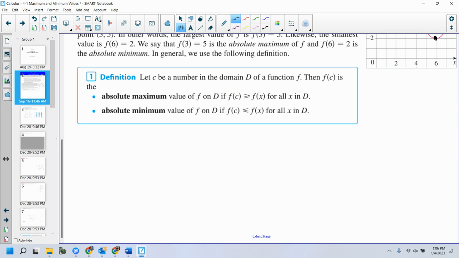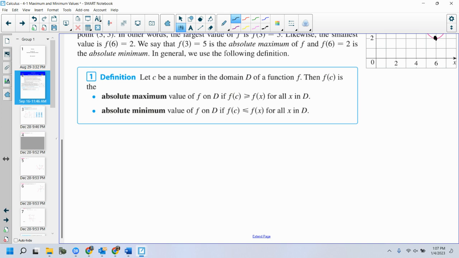That's our definition of absolute maximum. The output at c is bigger than the output anywhere else in that function.